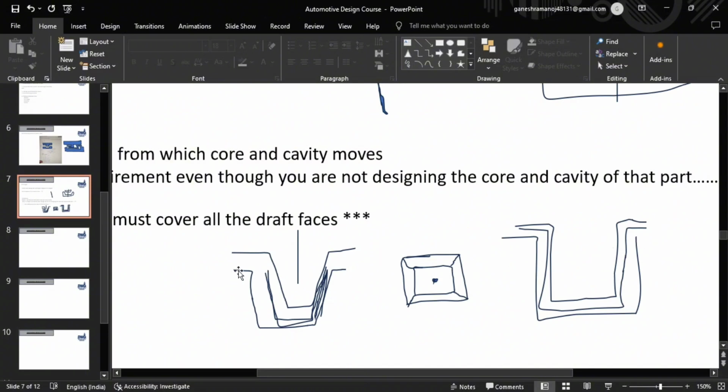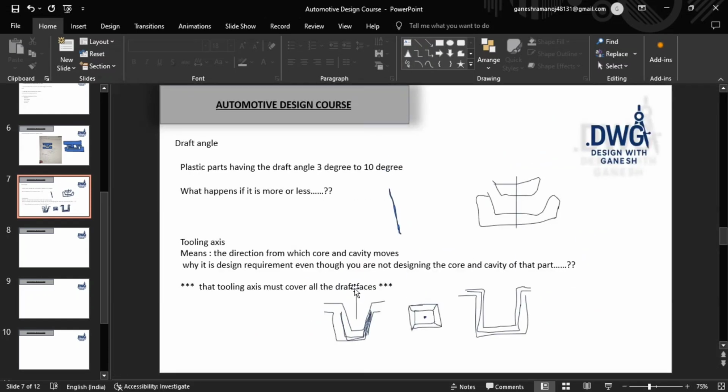By keeping the tooling axis from the very beginning of your designing or modeling, it may help the core and cavity designer to design a suitable core and cavity, right? So that's it guys, that's up to this video. Hope you are very clear about the doubts and the concept.